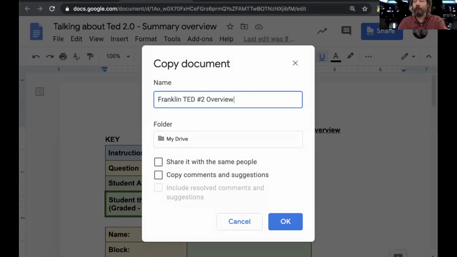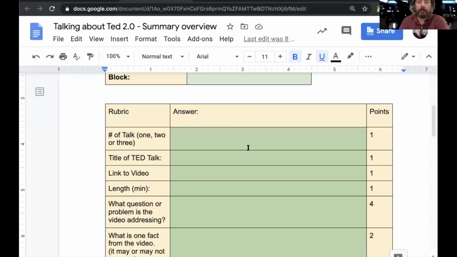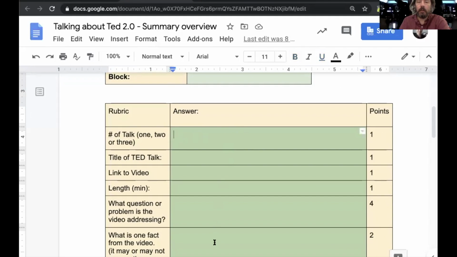This is not the final document. This is pre-writing, okay? So make sure you realize that. It looks similar to what we did last time, but it is different. So make sure you're using this document. You click OK, and now you have your own copy. And then you're going to pick your video. Just know that this one will be talk number 2.